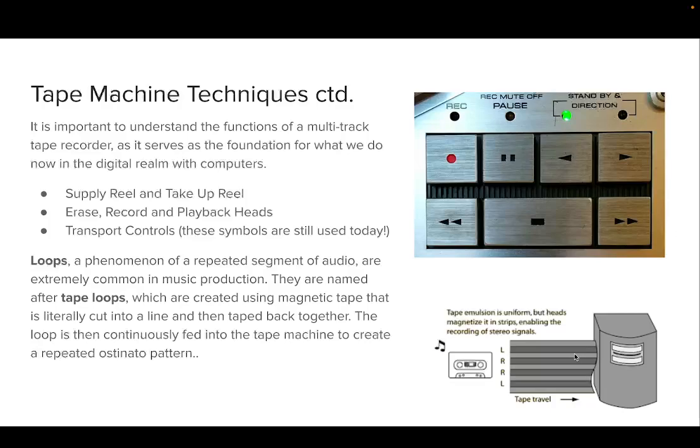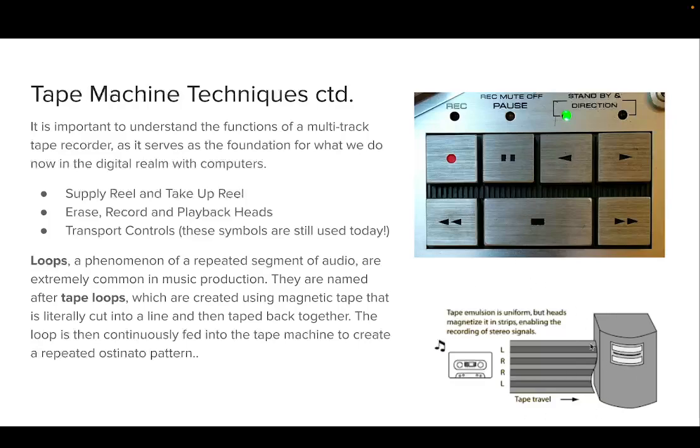The erase, record, and playback heads are important because they allow us to understand the different functions that tape machines allow us to use. And the transport controls. These transport controls are still universally used today to show record, pause, stop, play, play in reverse, or fast forward and rewind.